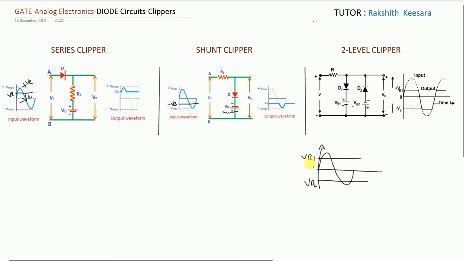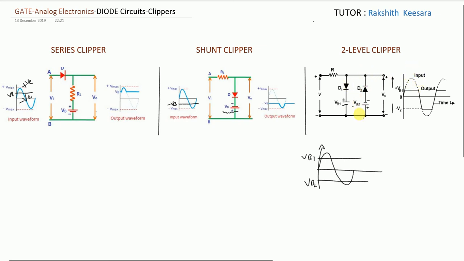Since it is minus, I am drawing this as minus VB2. See here, only this leg. Here V0 is connected to the positive of the diode. So the part which is above VB1 will be clipped off. Why? Since it is connected to positive, positive part will be clipped off. So see here. The part above VB1 is clipped off.